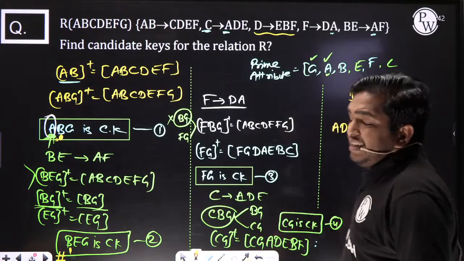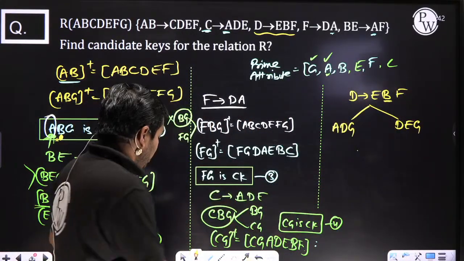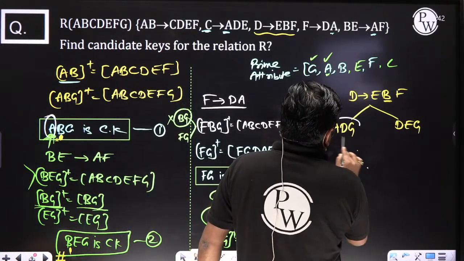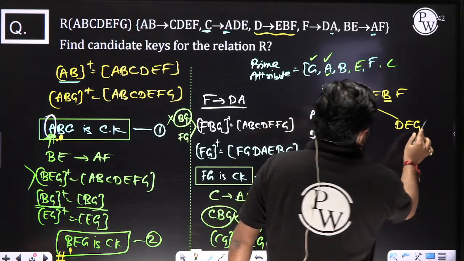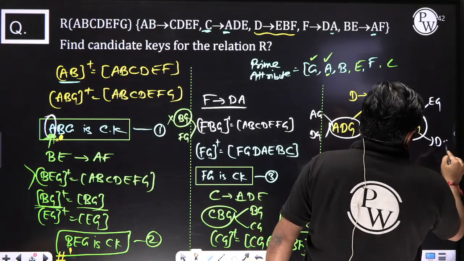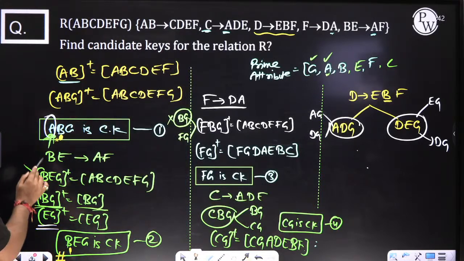Now you can say, sir, there are six candidate keys. No, my dear. We can't tell directly. First, AG and EG closure we already took. EG closure and AG closure already taken.